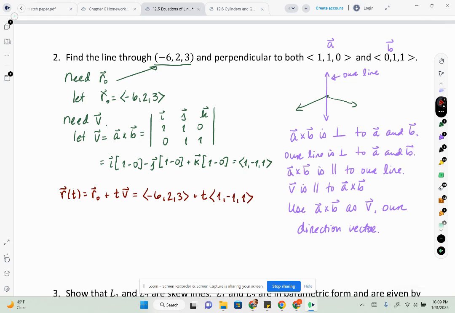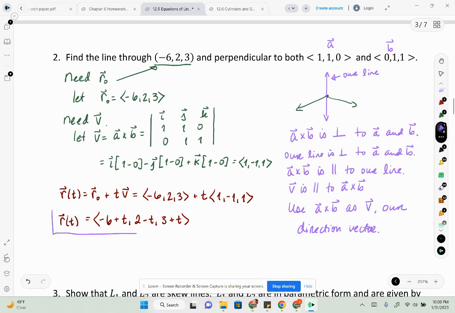And I just go ahead and combine those two vectors to make one. So this will give me a vector with components negative 6 plus t, 2 minus t, and 3 plus t. And that is all. I can put a box around that and call it a day.